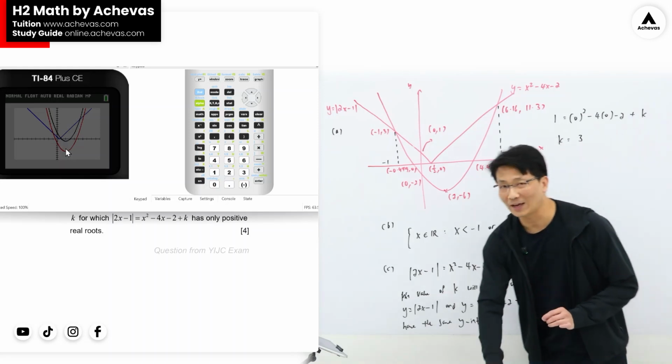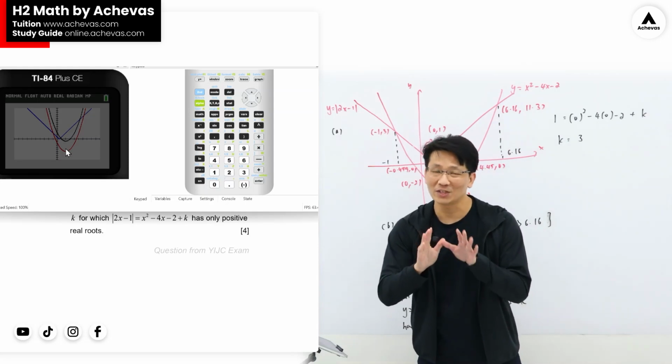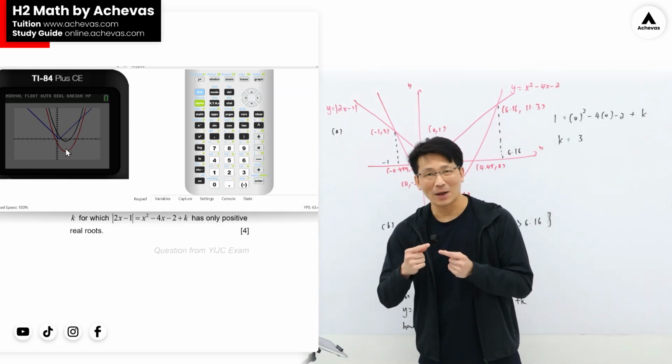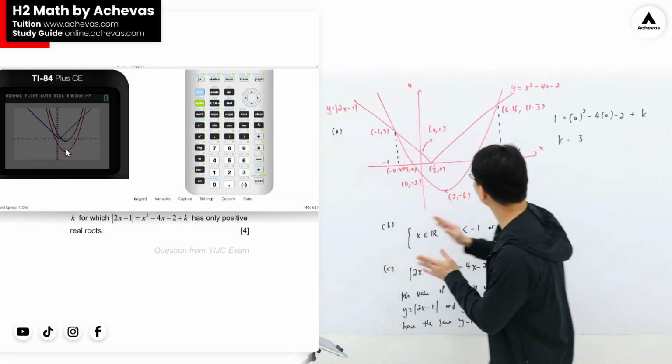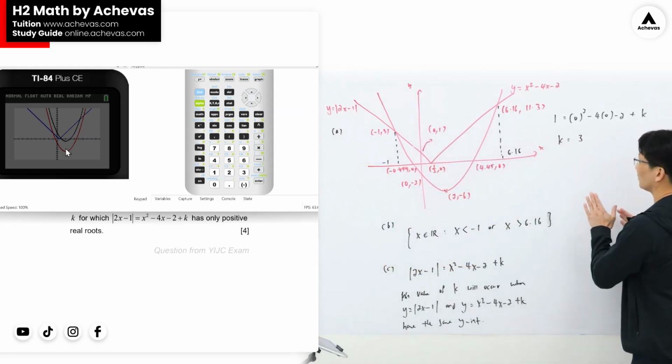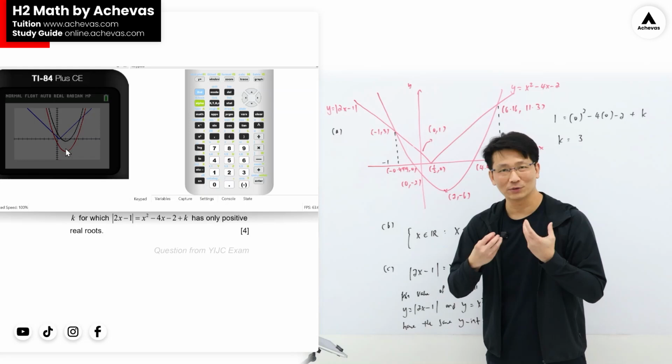And I will know that when k is exactly equal to 3, one of the roots will be x equal to 0. This is not what I want. But later on, when I'm going to present my final answer, I'm going to just exclude k itself, because x equal to 0 is a root, is not considered as positive. So as long as k is greater than 3, then I will start to have positive roots.